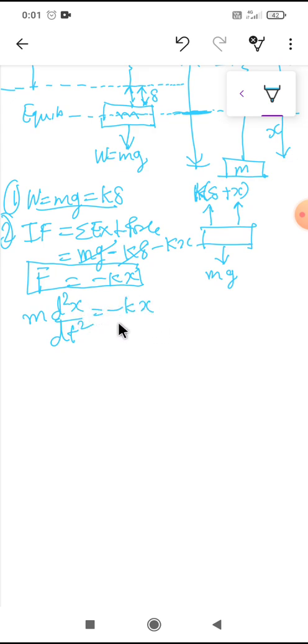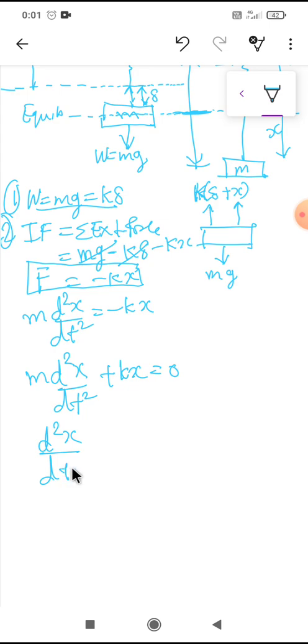I will bring all the terms on the left hand side, so d square x by dt square plus kx equal to 0. Now dividing all the terms by m, I get d square x by dt square plus k by m x equal to 0.